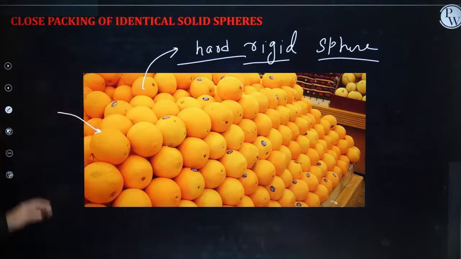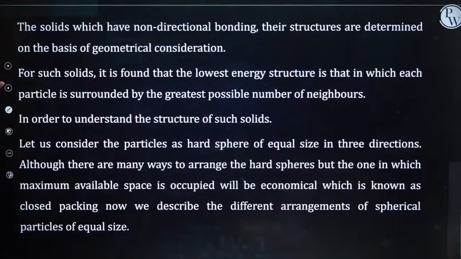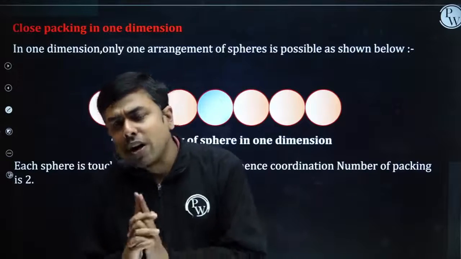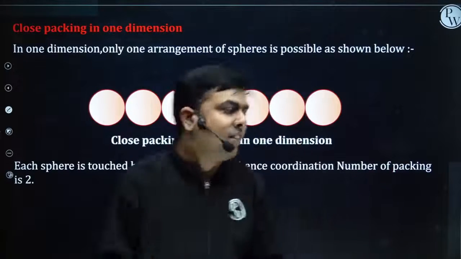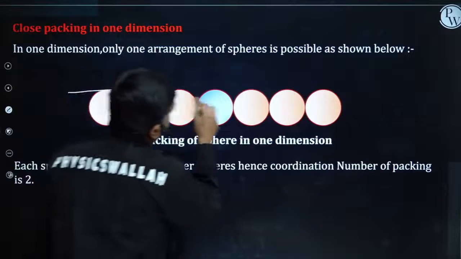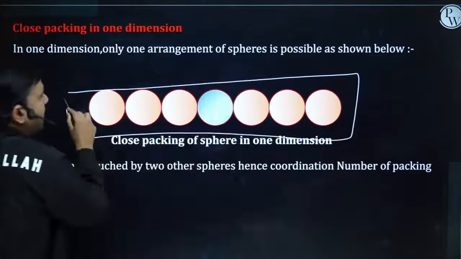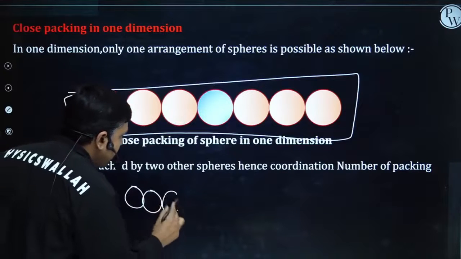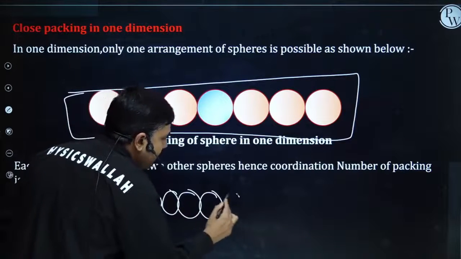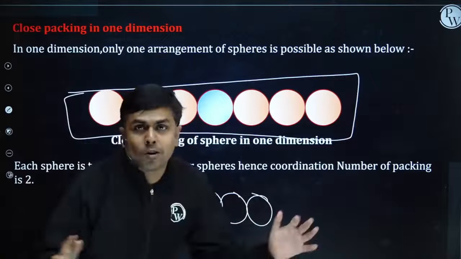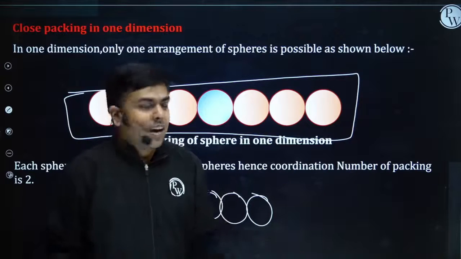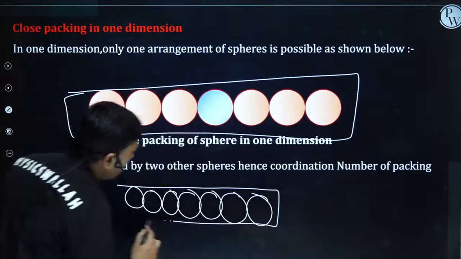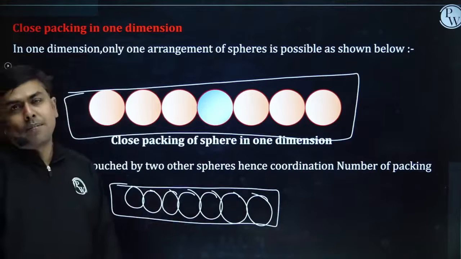Now let's see how we do packing in different dimensions. If I talk about the packing in 1 dimension, this is how we do it. The atoms are simply placed touching each other. Since they are hard rigid spheres, they cannot penetrate each other, and we have to do close packing. So this is how we can do close packing in 1 dimension.